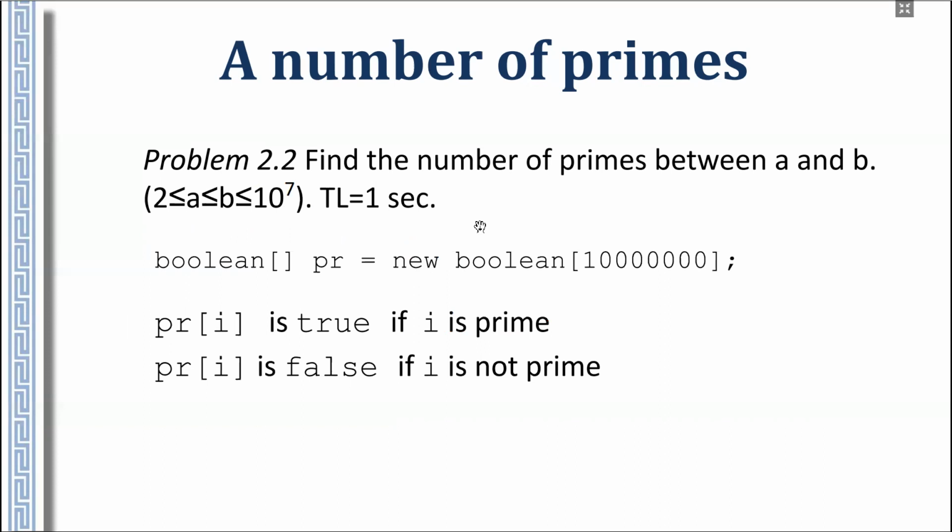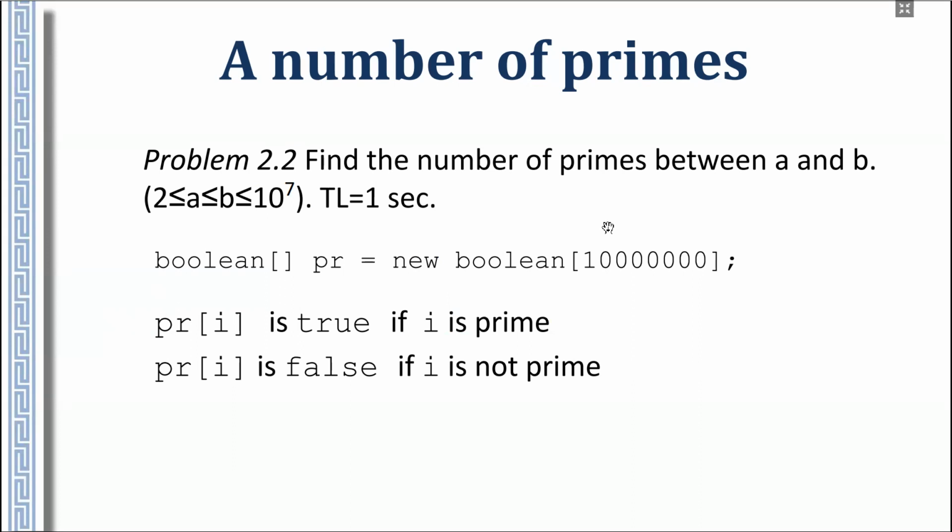Let's have a Boolean array whose size is B, it is 10 to the 7 in that case. And for each number, we mark whether it is prime or not.